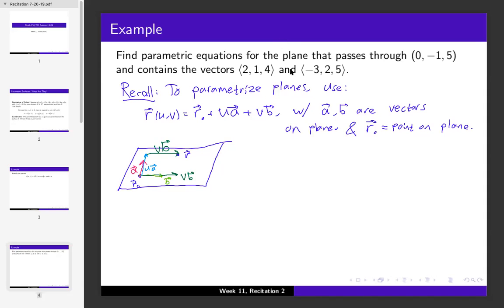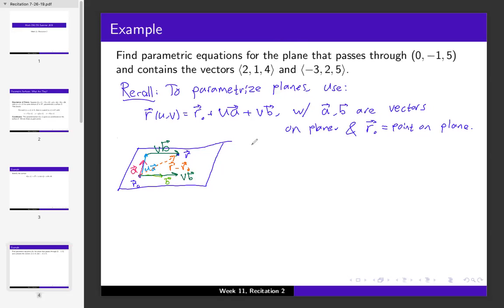Meanwhile, we've got, that's supposed to be an R, by the way. So the idea is, once you've done all of this, you've got this vector going from R naught to R, and that's the vector R minus R naught.